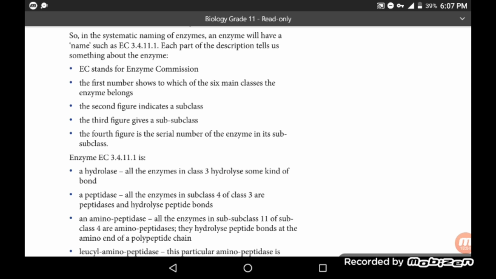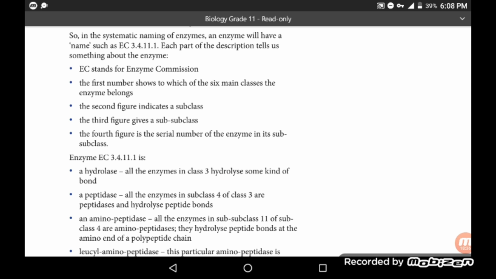So the third figure, 11, is within subclass 4, within main class 3. And the last figure is the serial number of the enzyme in its subclass, here number 1.